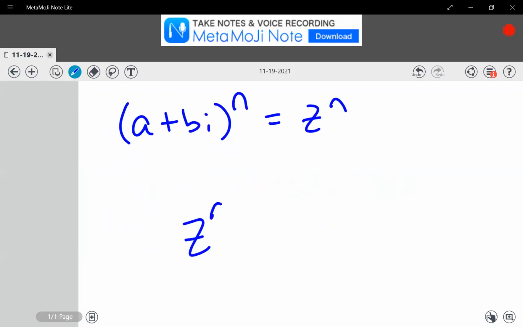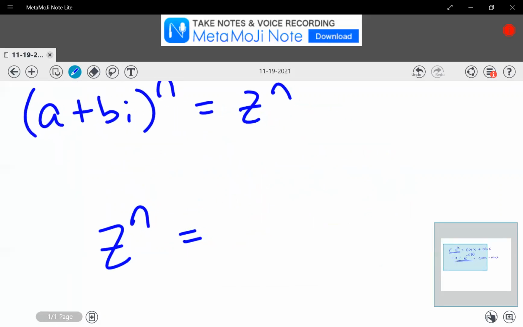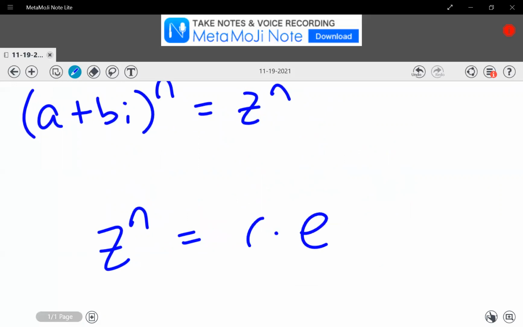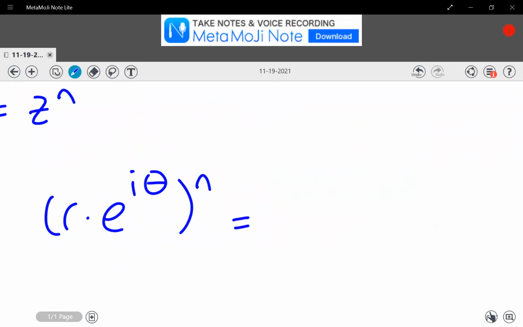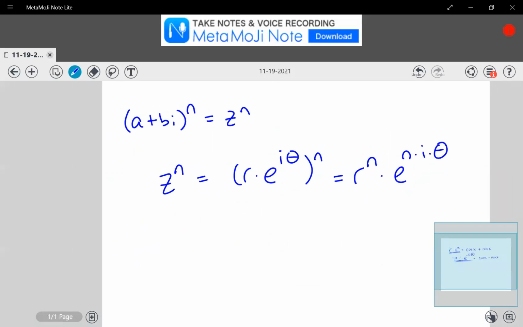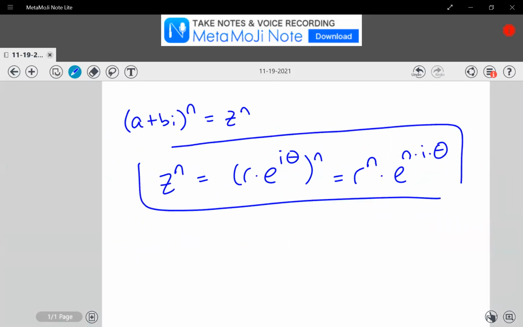So z to the power of n is equal to r times e to the power of i theta, all to the power of n, which is essentially just going to be equal to r to the power of n times e to the power of n times i times theta. That's how you do an exponent with Euler's formula.